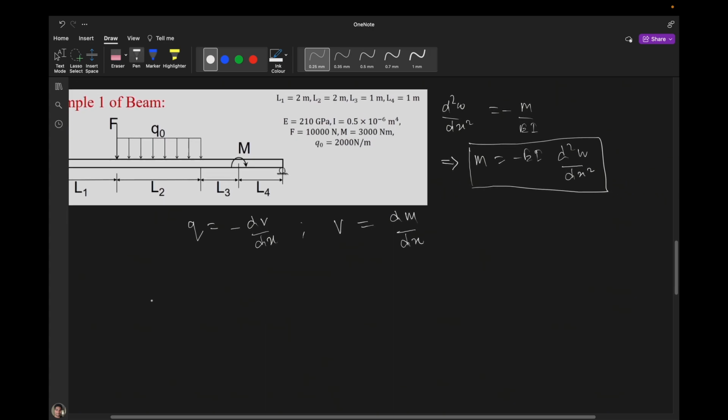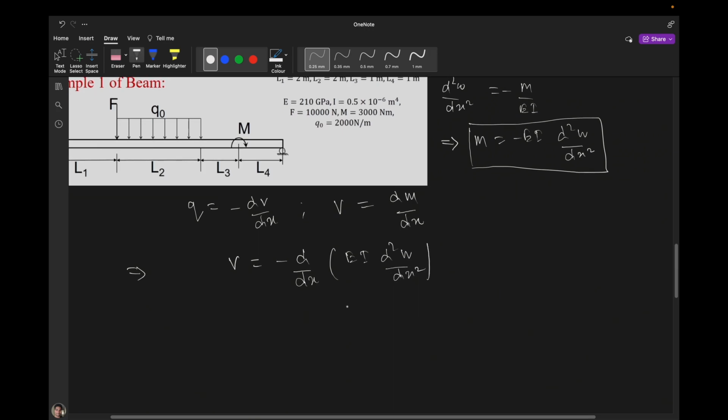When you substitute this here, first we need to differentiate it, so V equal to d by dx of minus EI d2w by dx square.